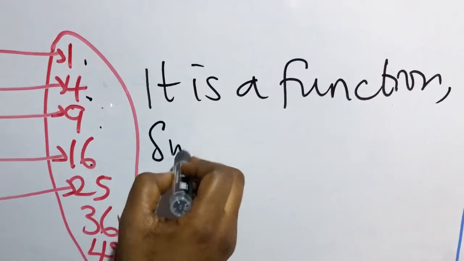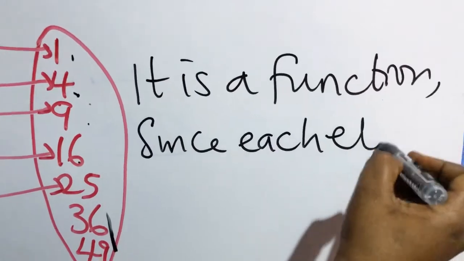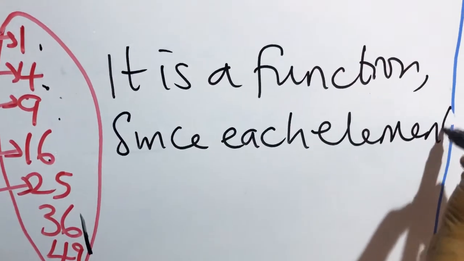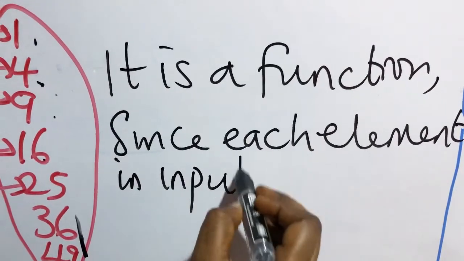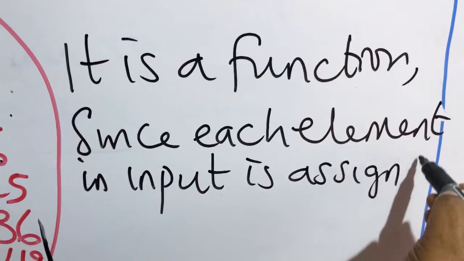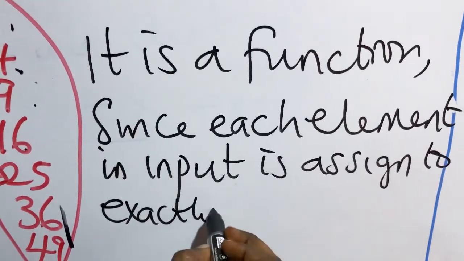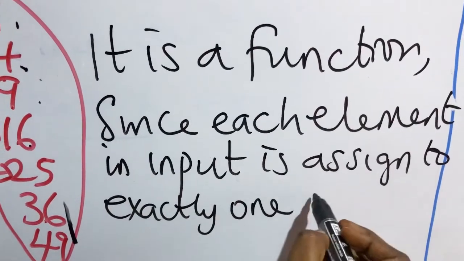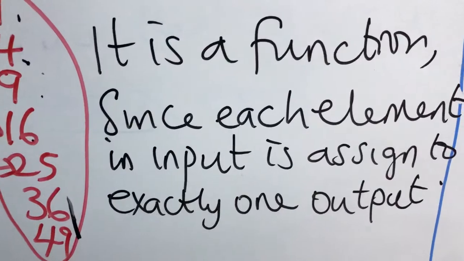Reason, since each element in input is assigned to exactly one output, so one element in the output variable.